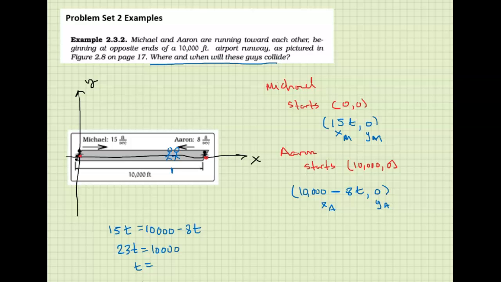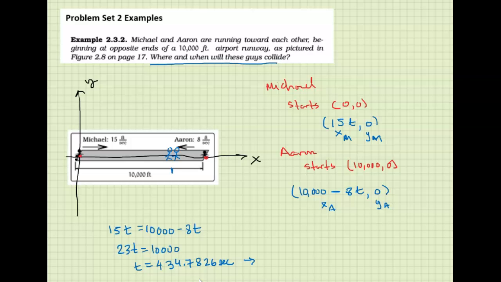All right, 10,000 divided by 23. So this is 434.7826 seconds. All right, let's change this to minutes because it doesn't make sense to say, oh, I'm going to meet you 434 seconds later, right?